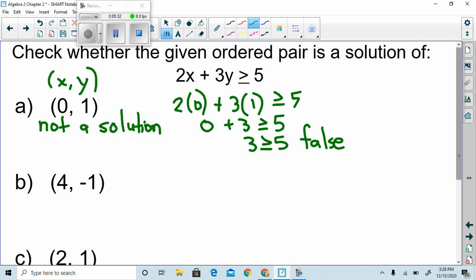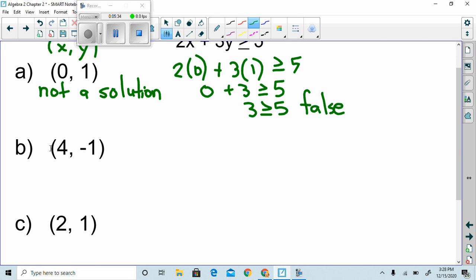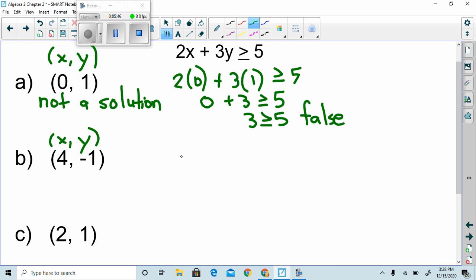Try the next one. What are we doing? Replacing our x with 4 and our y with negative 1, and we're going to use that same inequality. I have 2 times 4 plus 3 times negative 1, and I'm wondering if that, when simplified, is greater than or equal to 5.